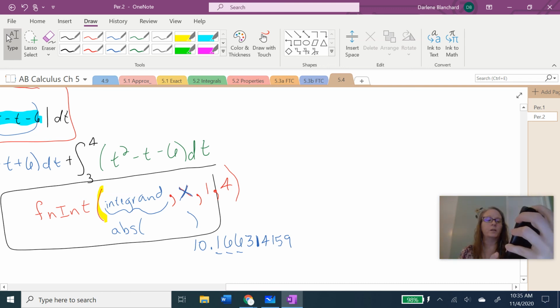Then it asks me for a lower limit. So I'm going to put the number 1 and push enter. And then it's going to ask me for an upper limit. So I'm going to push the number 4, and then I push enter, and then it's ready to go.